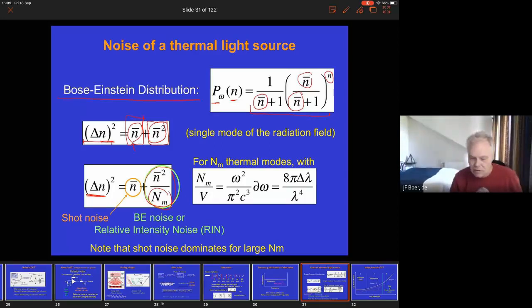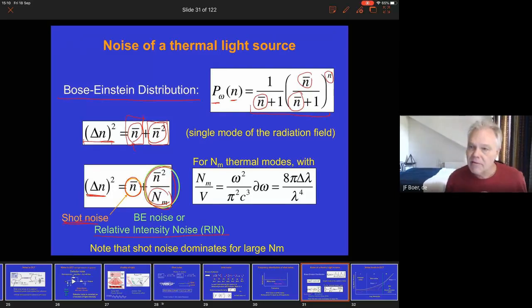I won't go into detail, but this term here scales with the number of thermal modes, and the name we give it is relative intensity noise. So we have the shot noise, that's this term, and we have the second term that is the relative intensity noise.